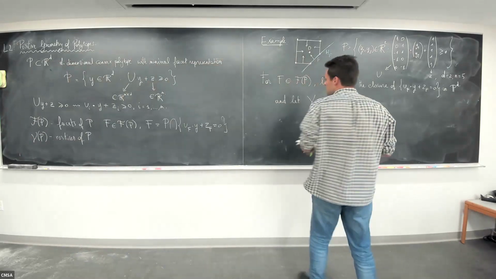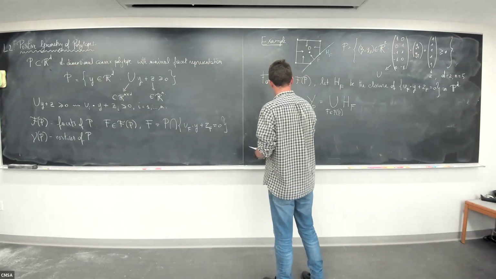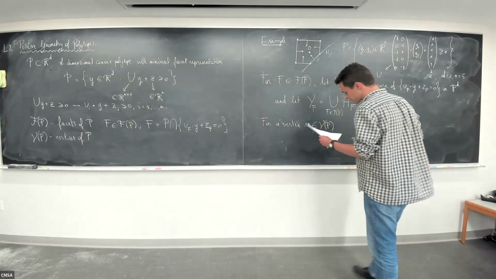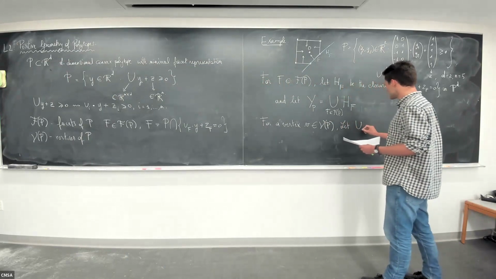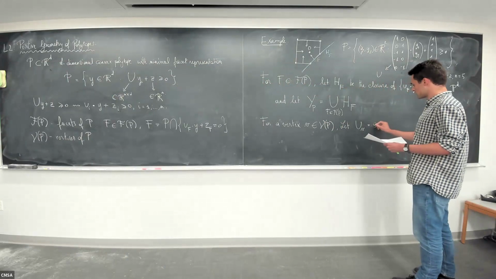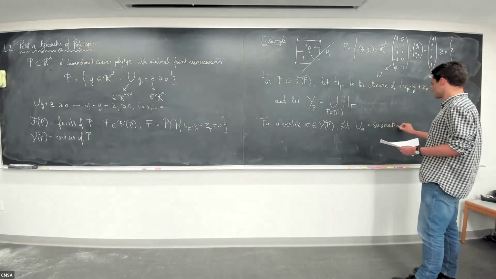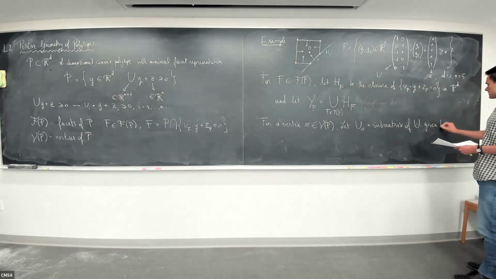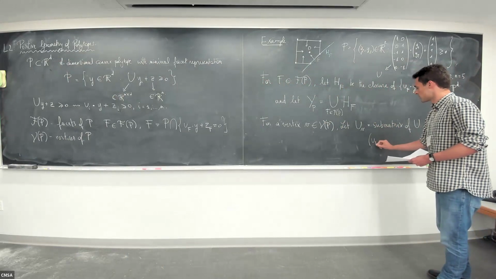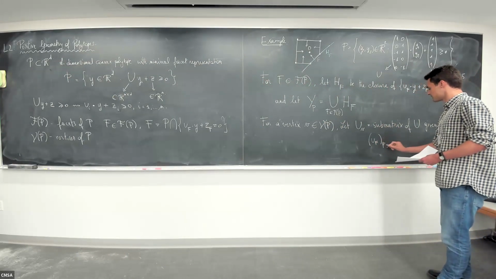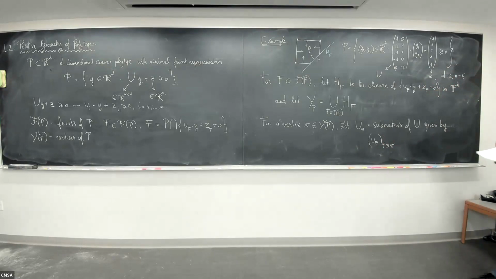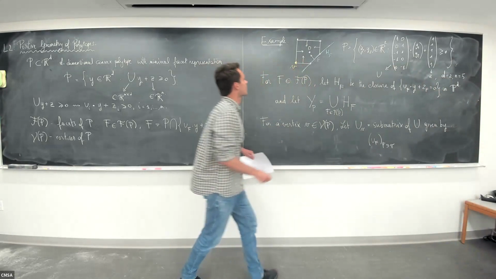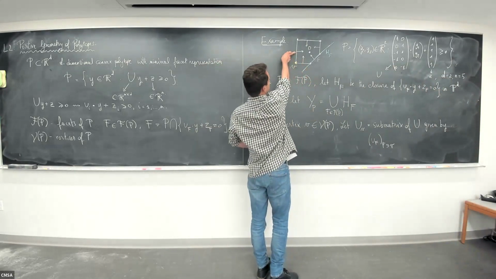For a vertex V, I'm going to write U sub V, the submatrix of U given by just looking at all the rows of U that correspond to facets which contain V. So this vertex V is contained in the facets 1 and 2.